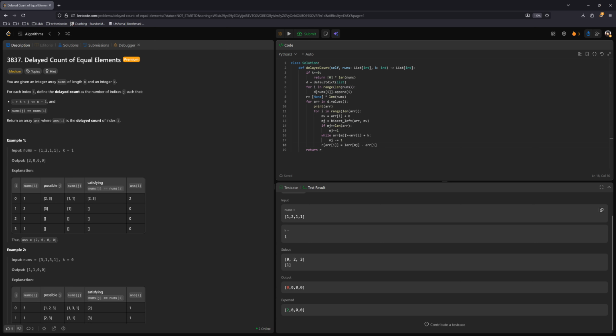So length of ARR minus that plus ARR1 minus 1, right?